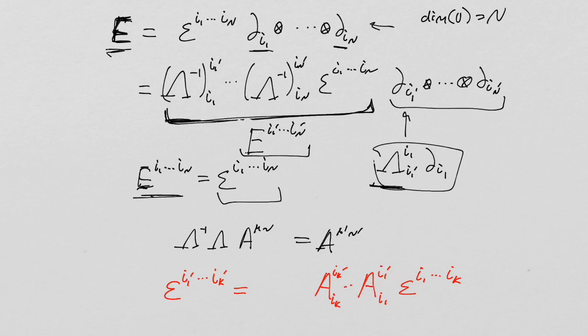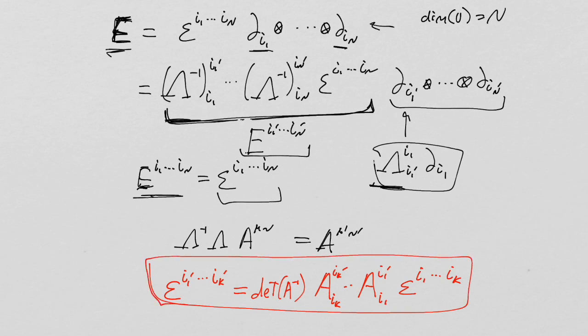This process here will still convert all of these indices from prime to unprimed, and this here is very similar to what we have here, right? And it turns out we know this other relationship, where if I multiply by the determinant of A inverse, then I actually do have this really interesting relationship between the prime and the unprimed Levi-Civita symbol.